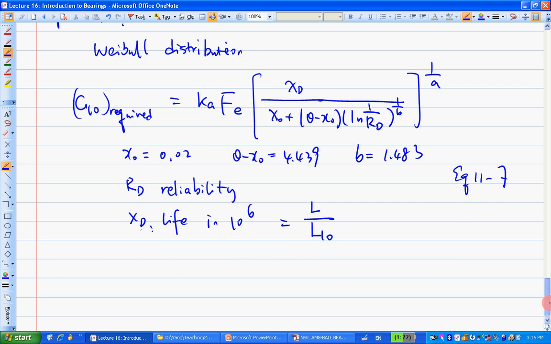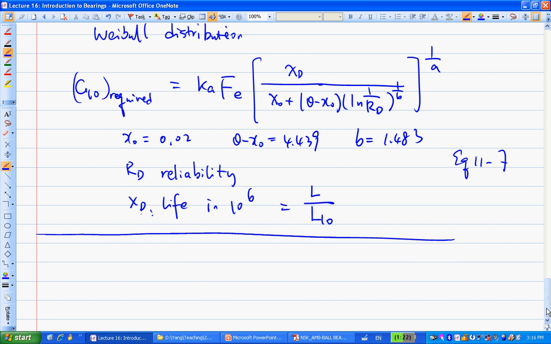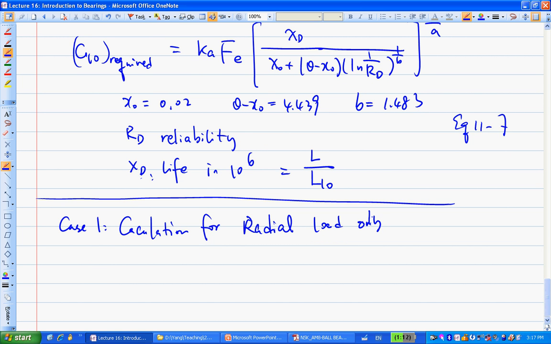In the end, actually we don't have time anymore. Basically, we have two different kinds of situations. Case number one, a calculation for radial load only, and the second case is a calculation for combined load.